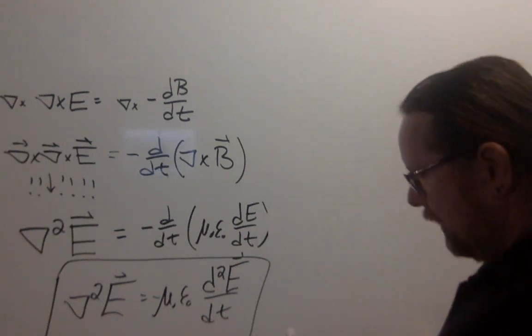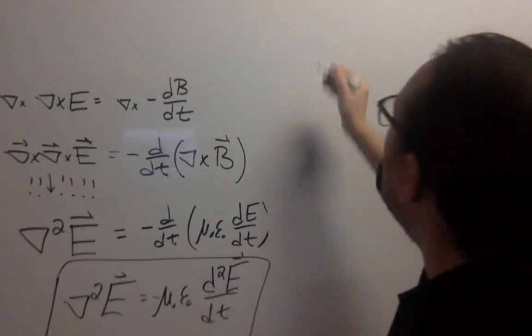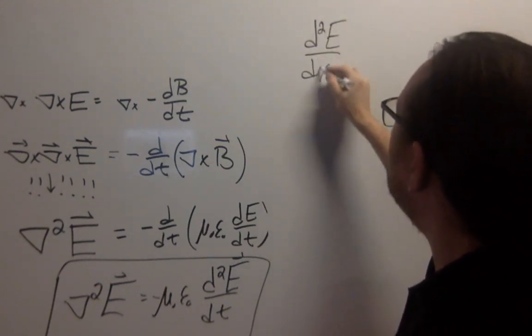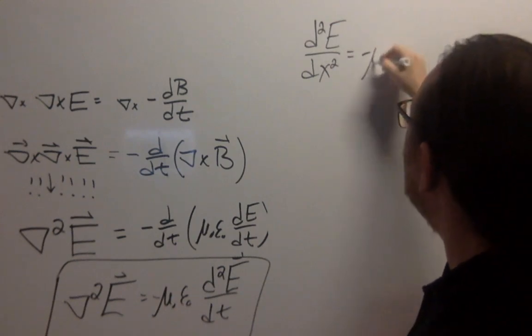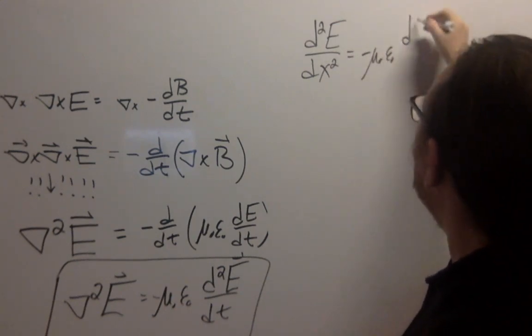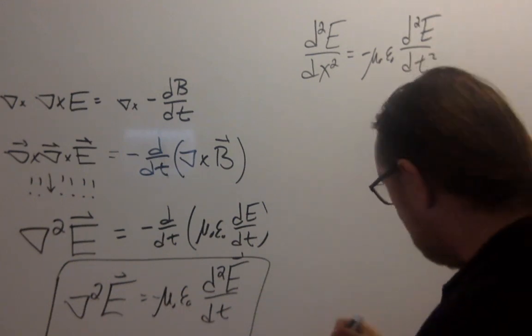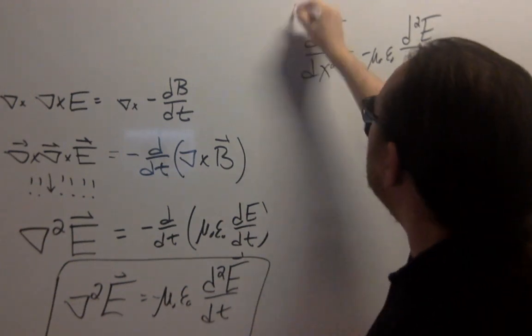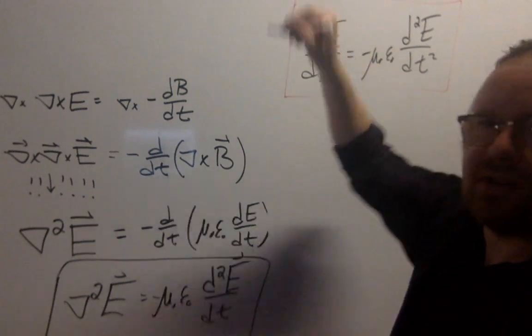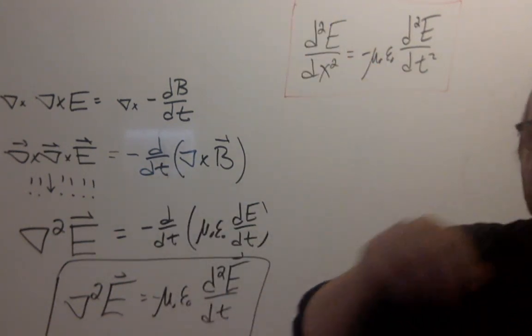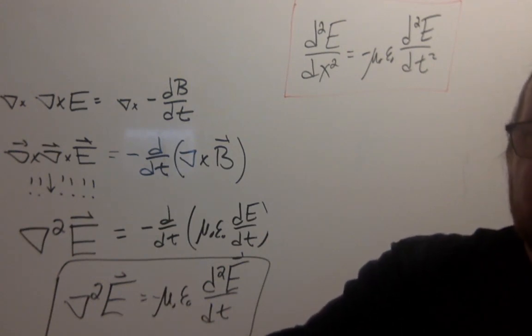We could just write this as d squared E dx squared equals minus mu 0 epsilon 0 d squared E dt squared. Any physicist who's been studying physics long enough recognizes that differential equation as the differential equation for something that obeys a wave function.